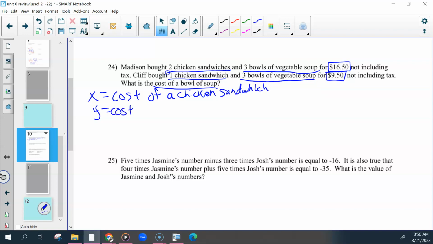Cost of a bowl of soup. Remember that when you define your variables, you need to be specific. Cost of whatever, amount of whatever. Okay. We have our variables, we have our numbers, we have 6 numbers, so they're all going to get used. Anyone want to take a guess as to how we would write our equations?